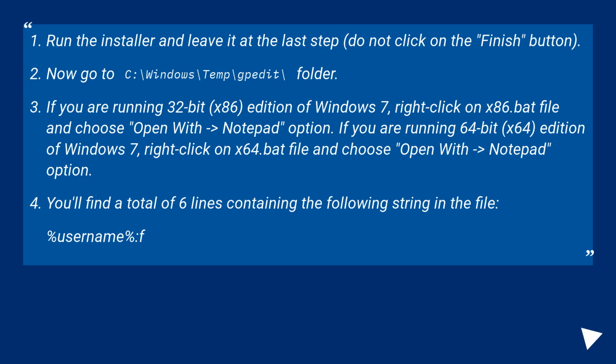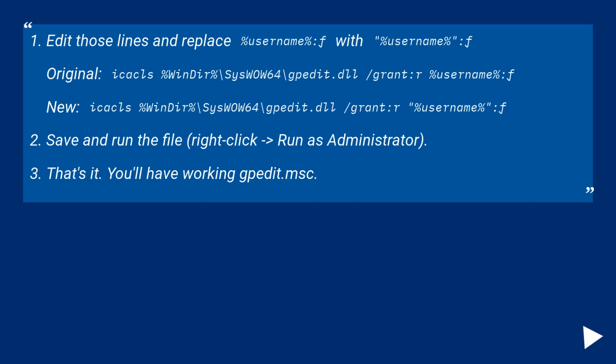If you are running the 64-bit, x64 edition of Windows 7, right-click on the x64.bat file and choose the Open with, Notepad option. You'll find a total of 6 lines containing the following string in the file: %username%:f. Edit those lines and replace %username%:f with "%username%":f.